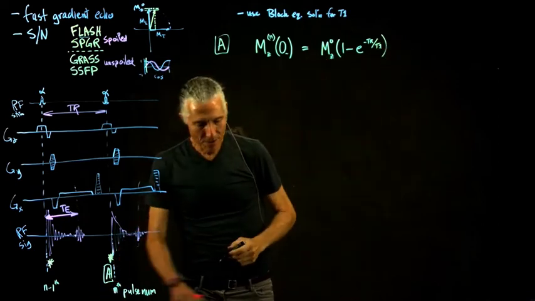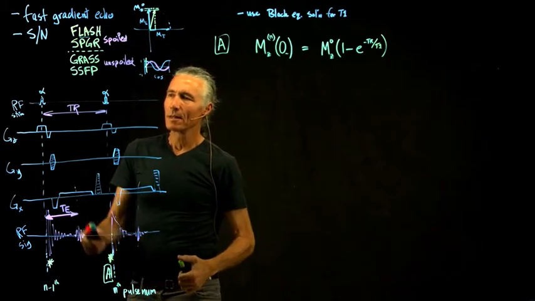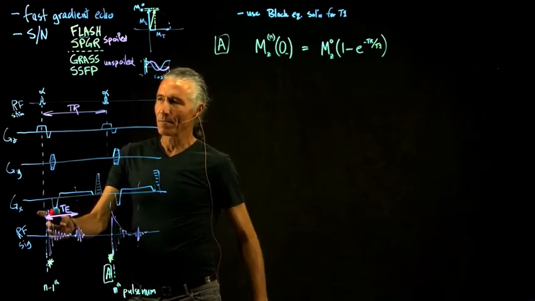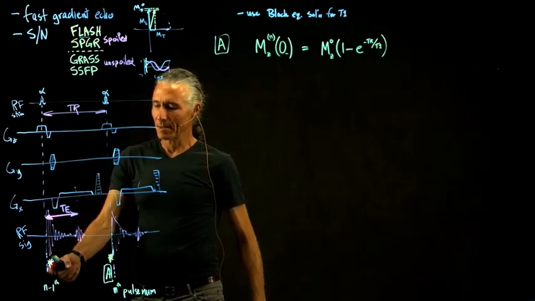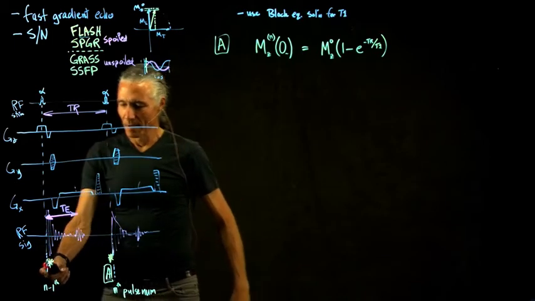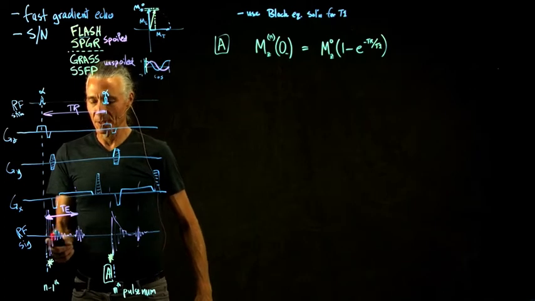Then we have another term, which is however much magnetization we started with, and that's whatever was there right after we did the previous pulse.